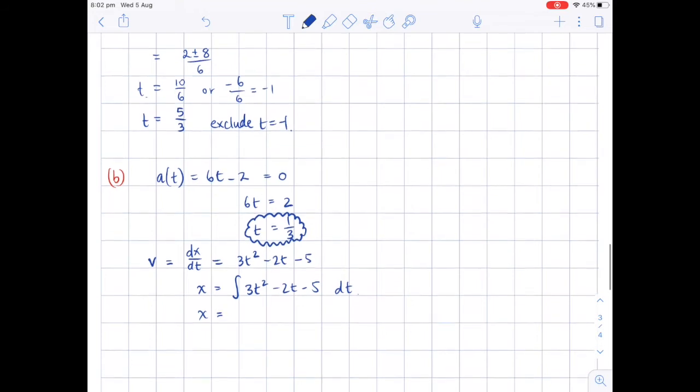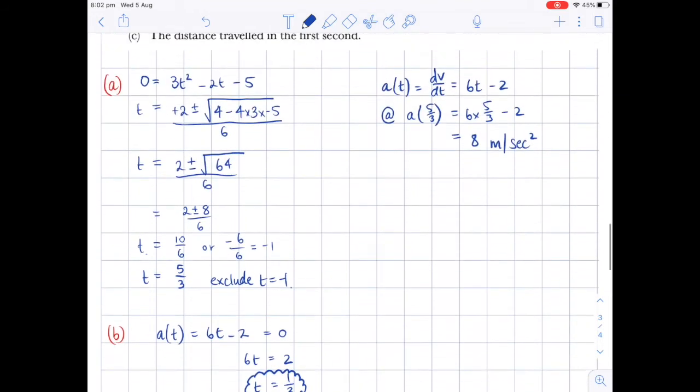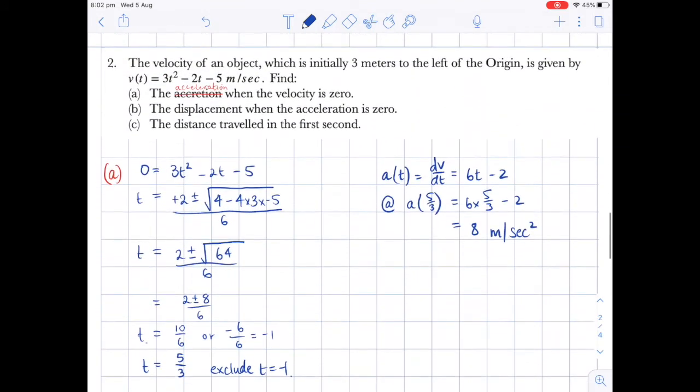And I know initially, my question tells me initially it's 3 meters to the left. So assuming that right of the origin is the positive direction, I'm going to say that this here is the point where x equals -3 and t equals 0.